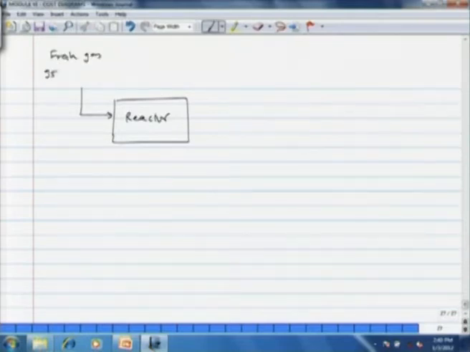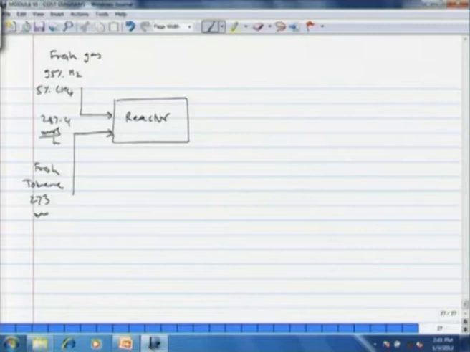The fresh gas that contains 95% hydrogen, 5% methane is 287.4 mole per hour. Then fresh toluene will be same as before, 273 moles per hour. Then recycled toluene will also be same as 91 moles per hour.